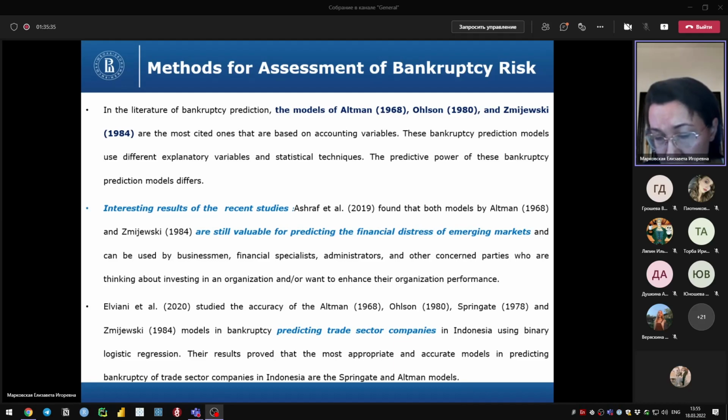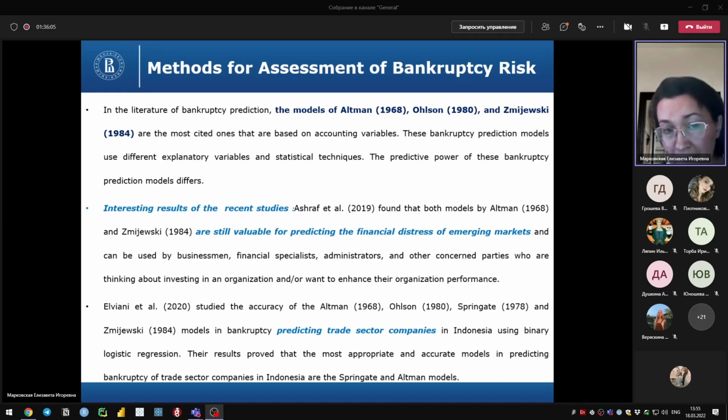So it's interesting that these models developed by Altman and Zmijewski work well for emerging markets. So these models can be used by specialists who are thinking about investing in emerging markets.